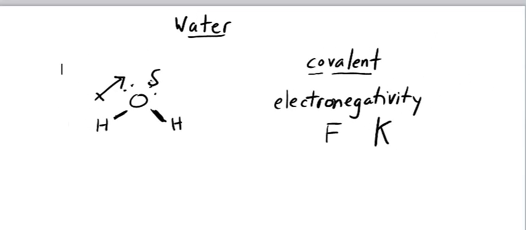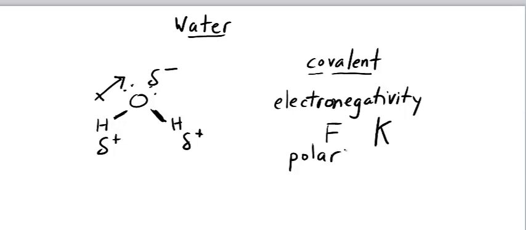And so we can also represent that with a Greek symbol delta negative, and then if the electrons are being pulled away from the hydrogens, these would become more positive ends. So even though the entire molecule is neutral, it has a negative end or negative pole and positive poles. So we would say that water is polar.